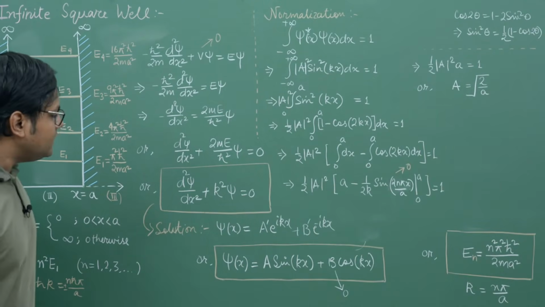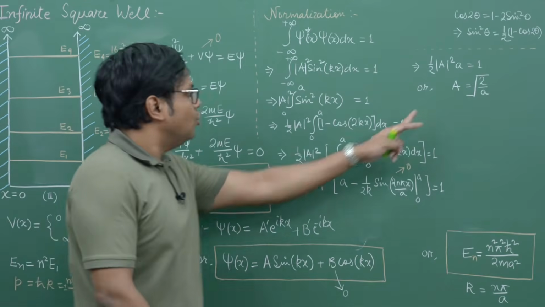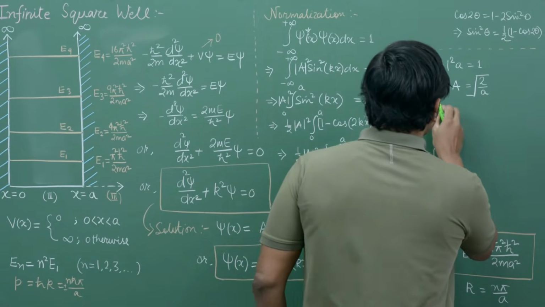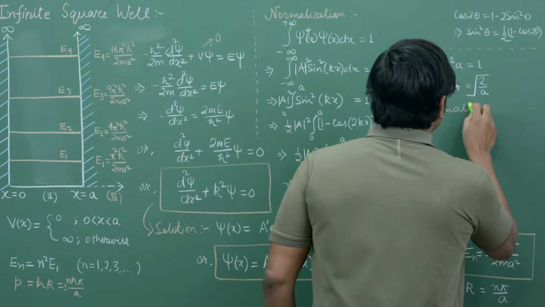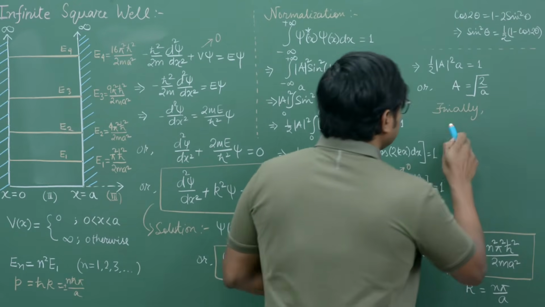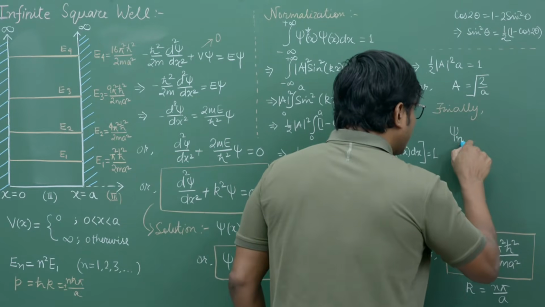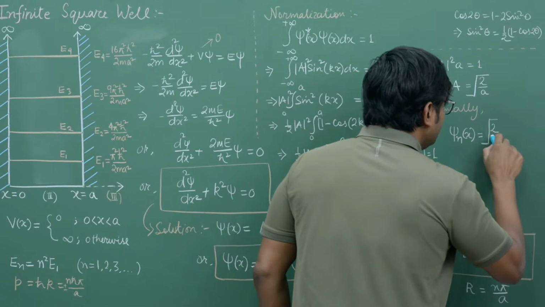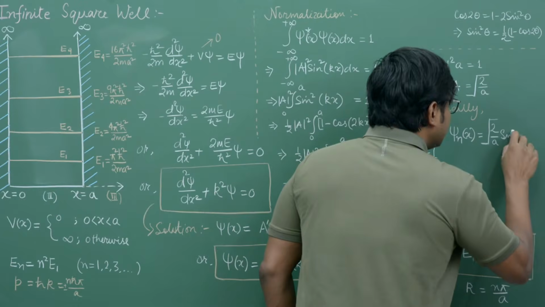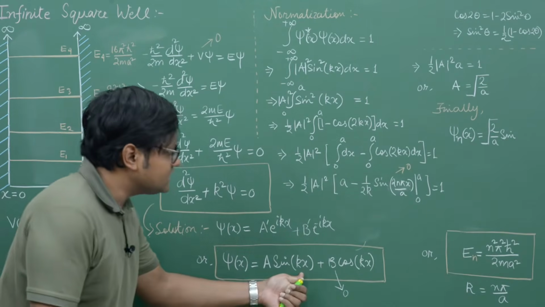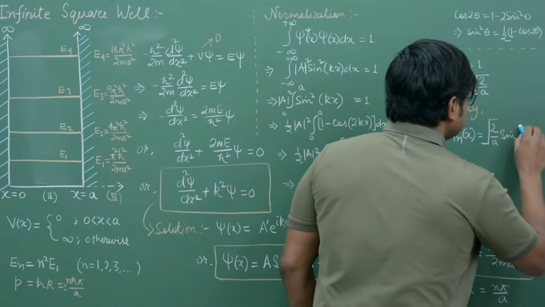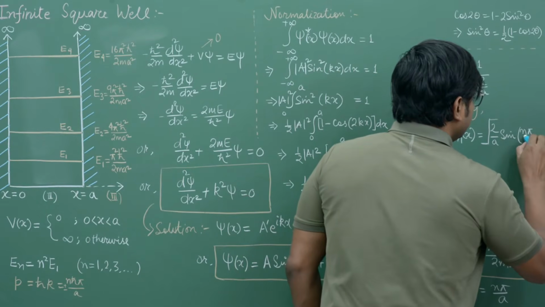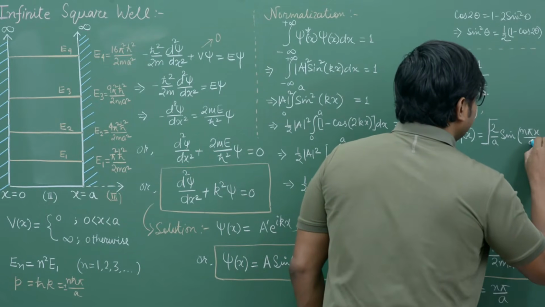So if I combine the eigenfunction solution with the normalization constant, finally we will get a couple of solutions. The eigenfunction or the eigenstate solutions look like root over 2 upon a sine kx. So k is n pi upon a, so this is essentially n pi x upon a.